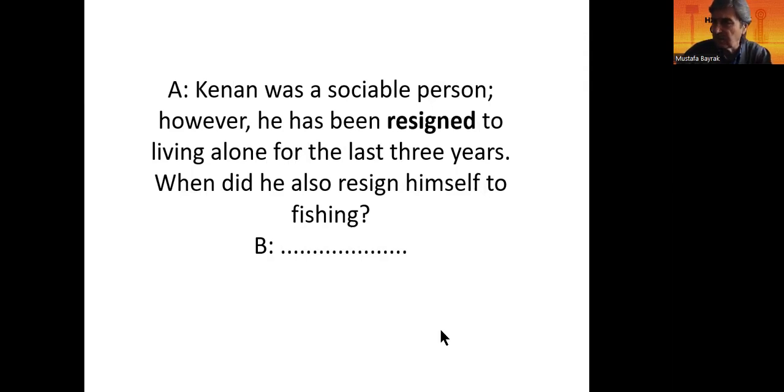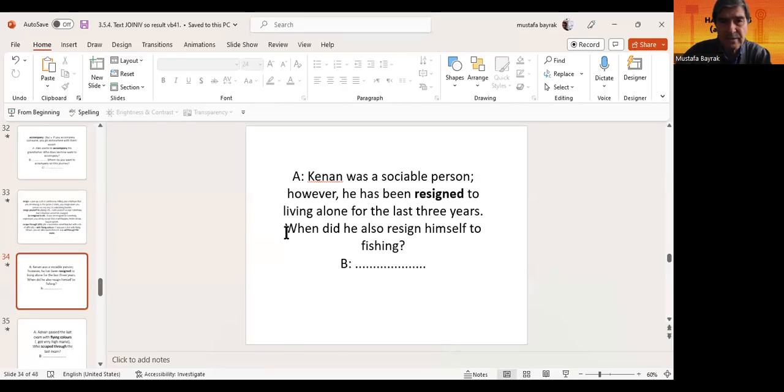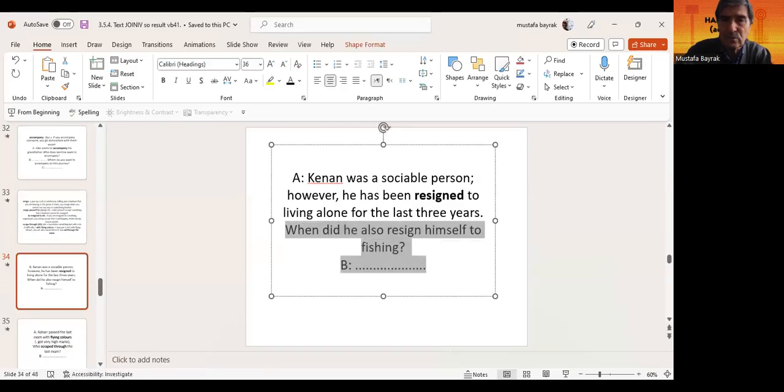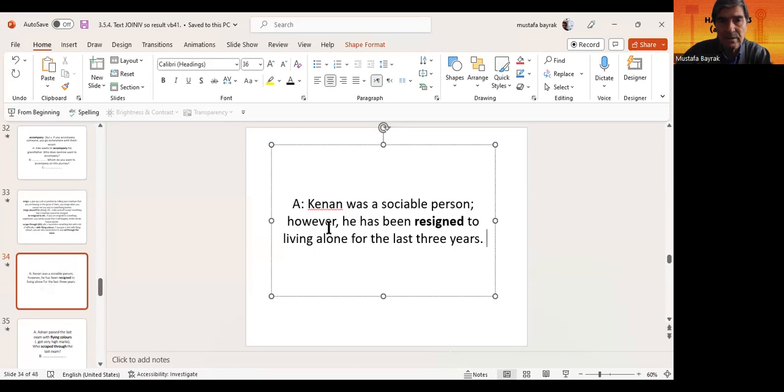No, I think it doesn't make sense. Let's delete it. And I think the first part is enough as a good sentence. Kenan was a sociable person in the past. However, he has been resigned to living alone for the last 3 years.